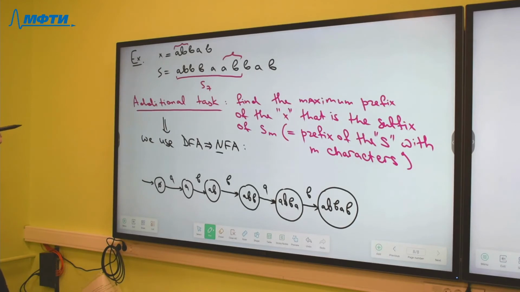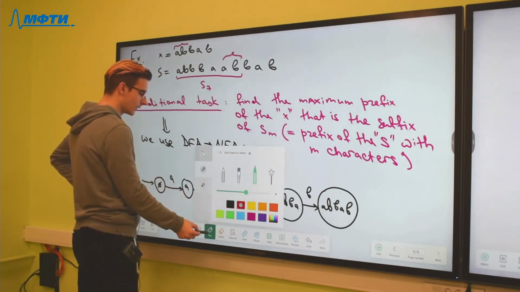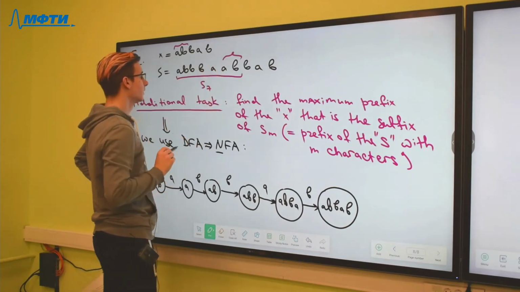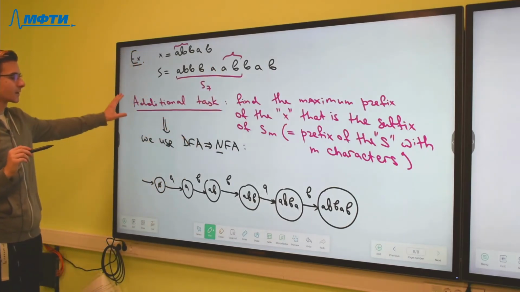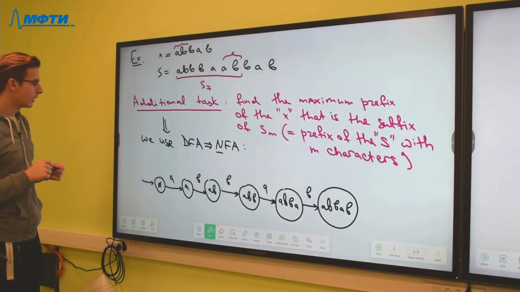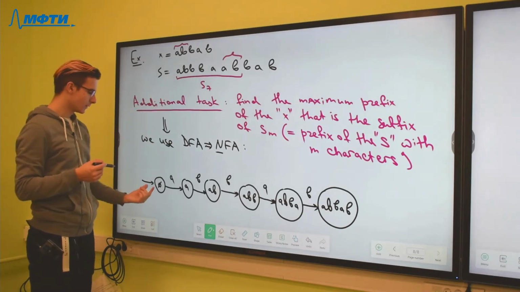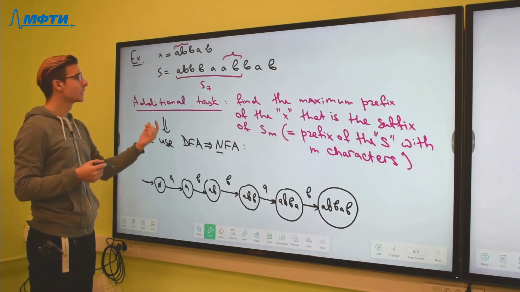So, firstly, if we try to find the answer for this additional task for the empty string, of course, we know the answer is empty too.